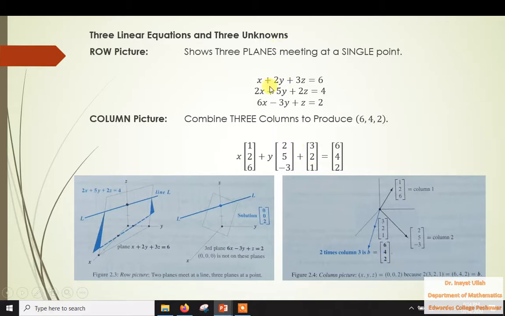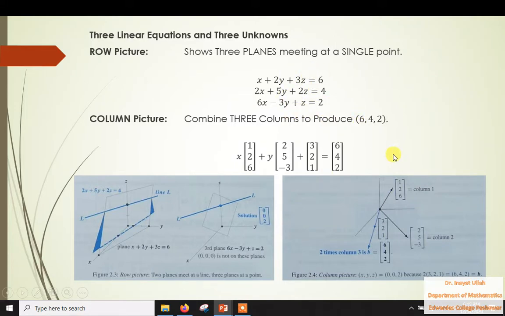So it means that the whole story is that whenever we look at the row picture, it will mean that there will be 3 planes meeting at a single point, and whenever the column picture is there, it will mean that the linear combination of these 3 vectors, which give us a 4th vector, is the column picture of 3 linear equations.